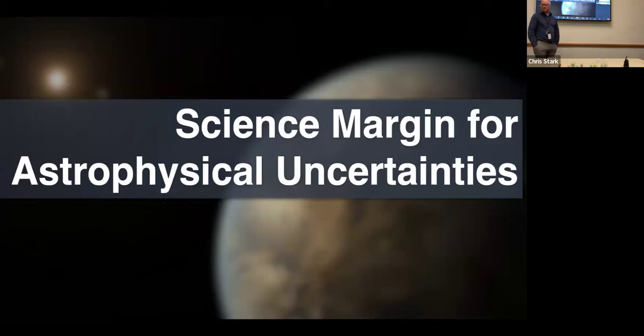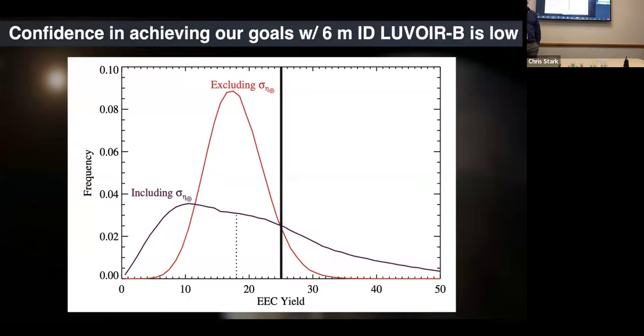So how do we use those distributions to figure out how to budget science margin to achieve our science goal? Well, we can take those two distributions, which correspond to those two goals I just laid out, draw a vertical line at 25 exoEarth candidates, and integrate the fraction of the distribution that's greater than our goal.